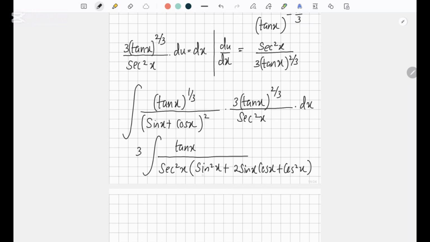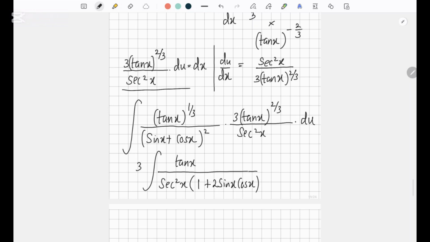And this would be 1 plus 2 sin x cos x. As you can see, sin squared x plus cos squared x is going to be 1. So instead of writing (sin x plus cos x) in brackets to the power 2, you could write 1 plus 2 sin x cos x. Oh, and I'm sorry, when I took the substitution, this has to be du, because this was the substitution. I by mistake put dx, so du.